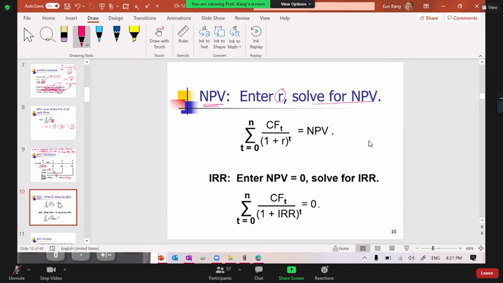NPV depends on R. NPV will go up if R is low. If R is high, NPV will be low. But there is one R that makes net present value 0. We call that IRR, internal rate of return.